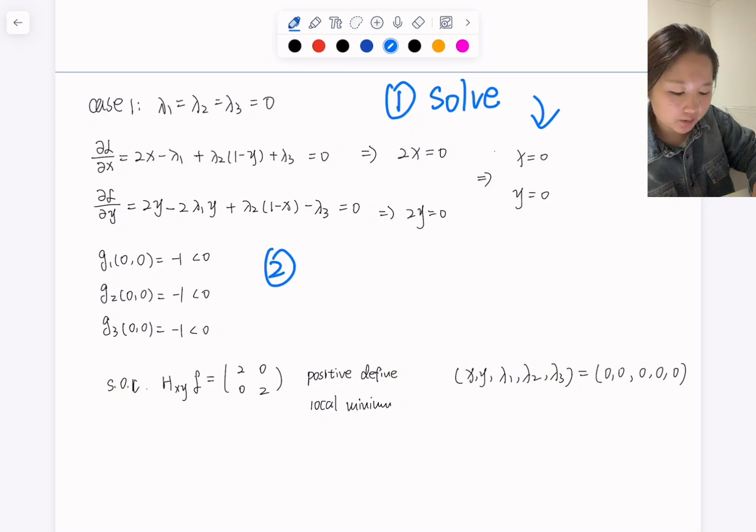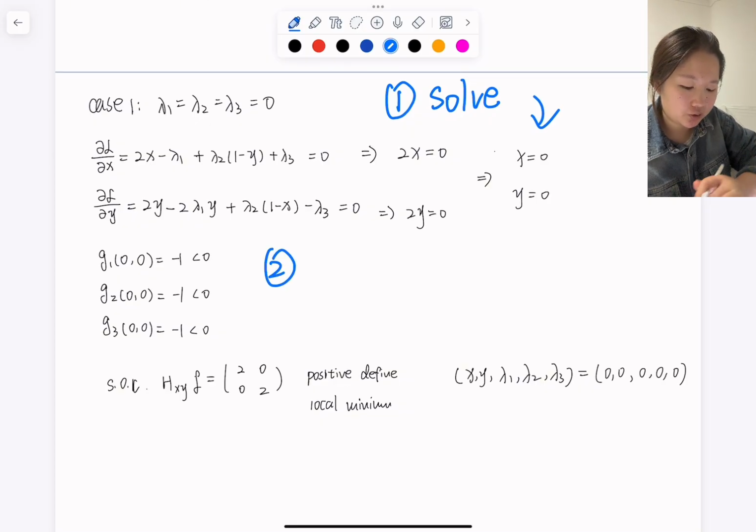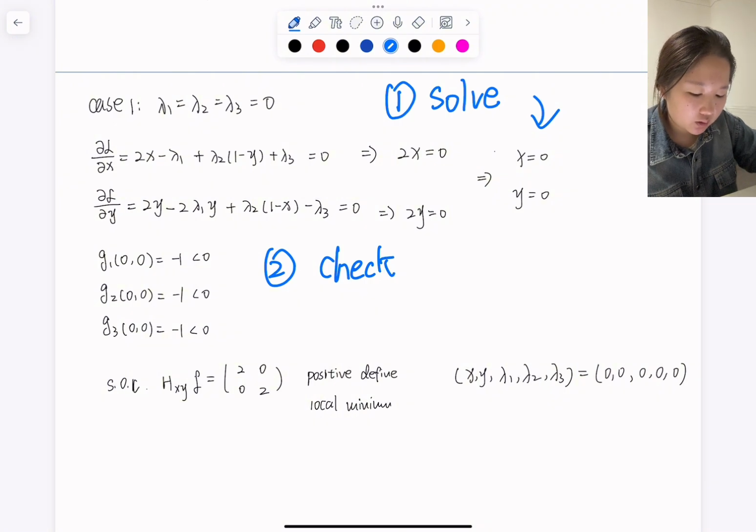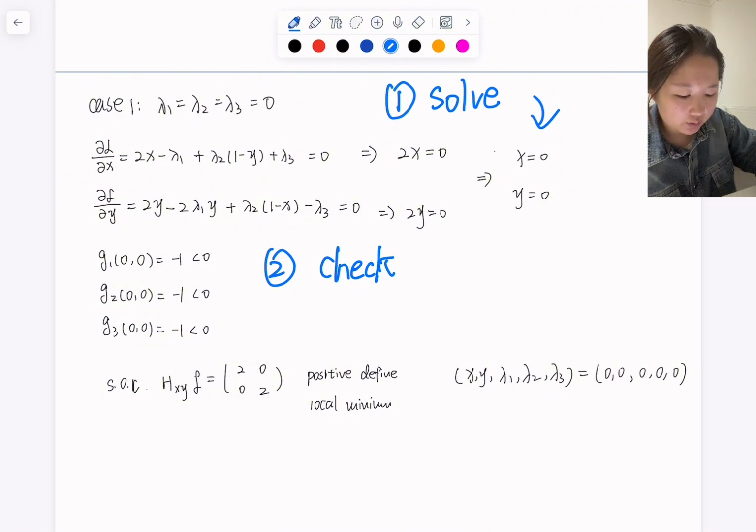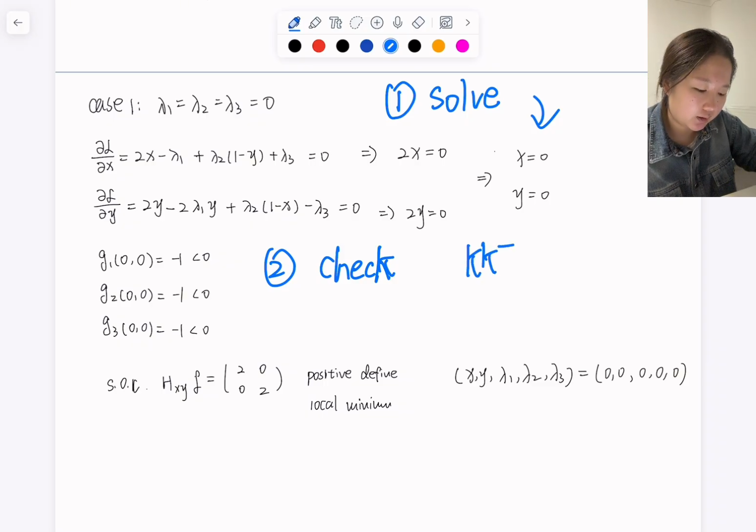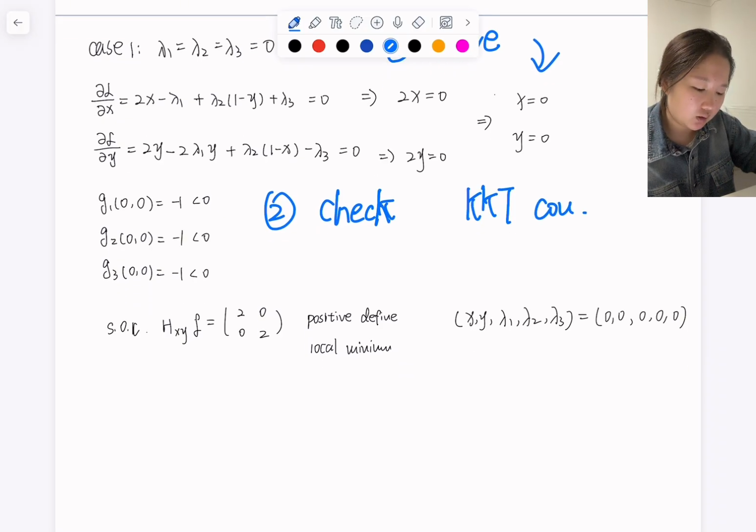And the second step is to use the x, y to check whether they satisfy the constraints and all the KKT conditions.